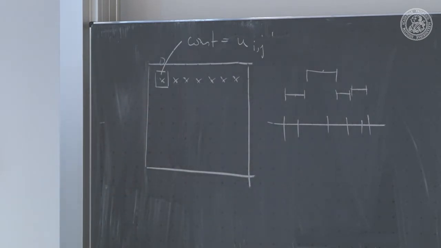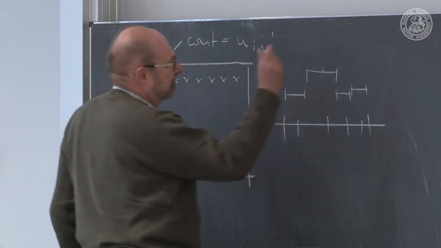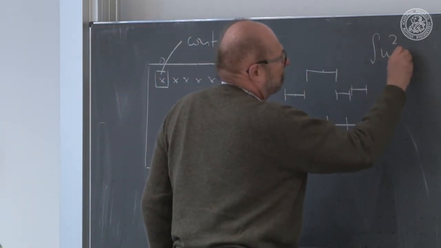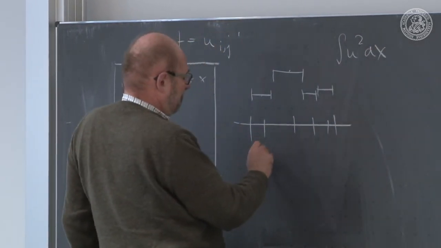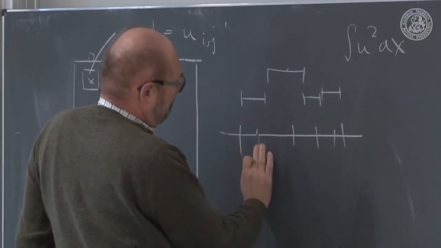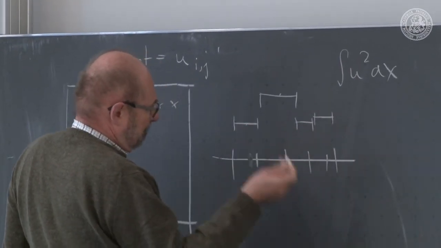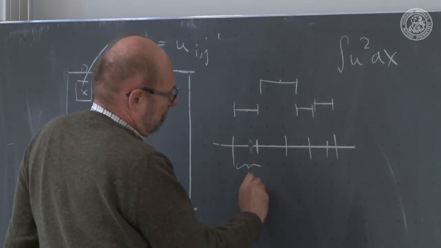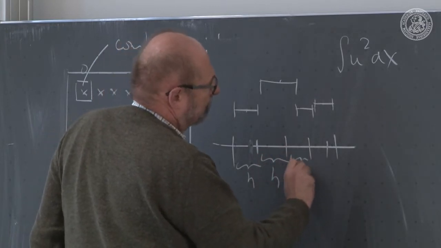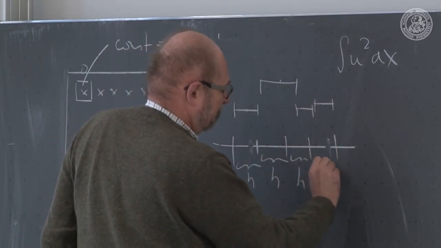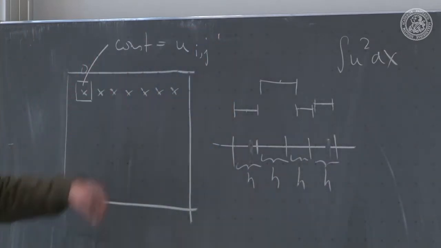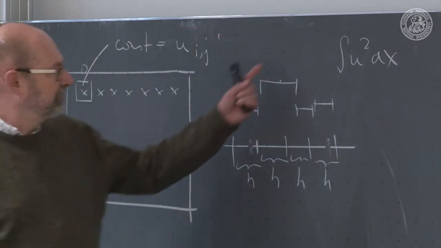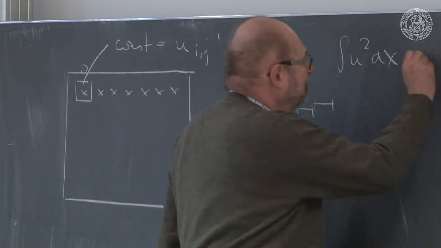You have to be able to compute the integral over a constant, which I hope you can. What comes out if I take the L2 norm of u squared? And this here is h. It's not depicted like that, it's a little bit non-equidistant, but let's assume that it is all h here. In the one-dimensional picture, in 2 dimensions the same thing. What is now this quantity? Oh, let's do it.